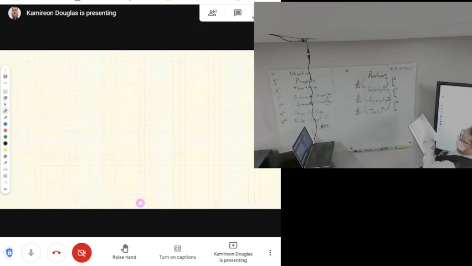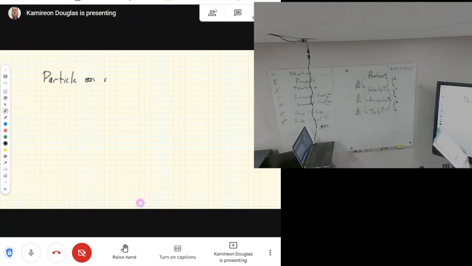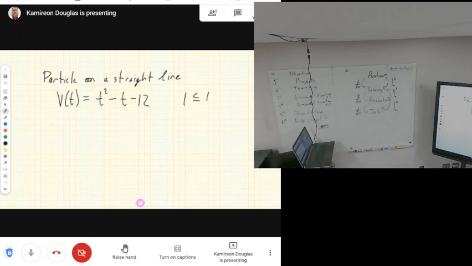We have the velocity of a particle moving along a straight line. We know the velocity function, v of t, is equal to t squared minus t minus 12, when my time is between 1 and 5.